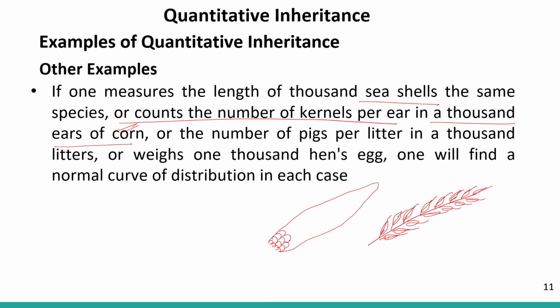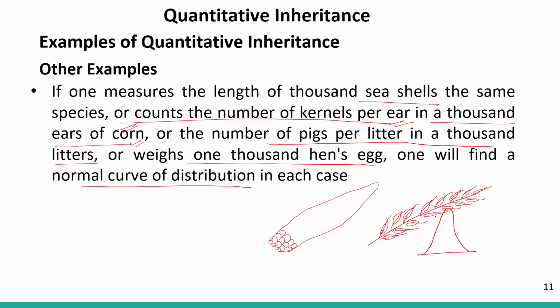It will be like this. The kernel color per ear in 1,000 ears of corn, or the kernel color of wheat, or the number of pigs per litter in 1,000 litters, or the weight of 1,000 hen eggs, one will find a normal curve distribution. In every case, in all the given examples, we will have a normal bell-shaped curve like this.